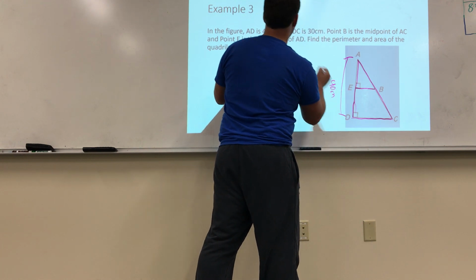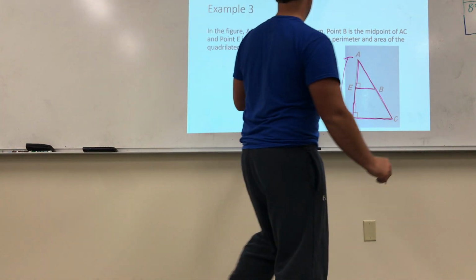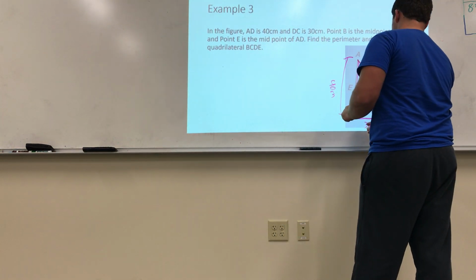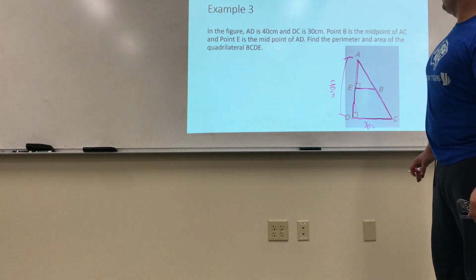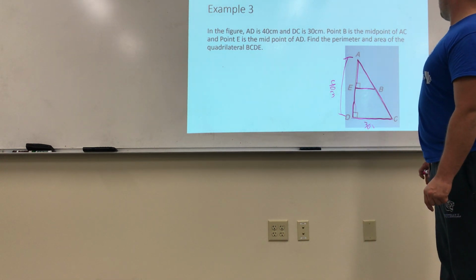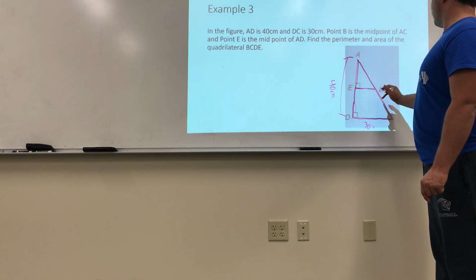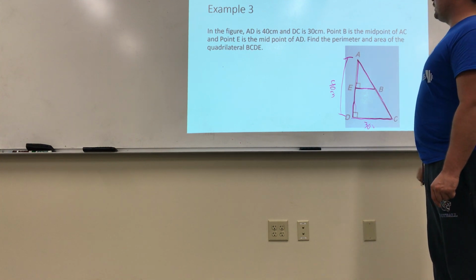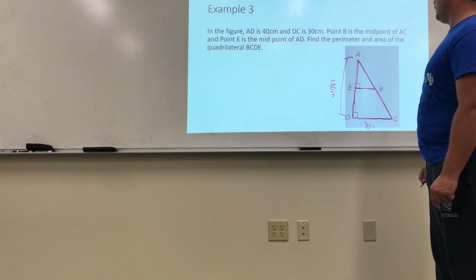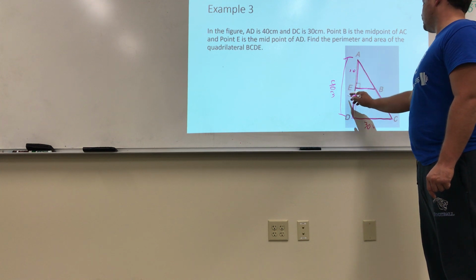DC is 30 centimeters. Point B is the midpoint of AC. So this is the midpoint. And E is the midpoint of AD. So this would be 20 and 20.